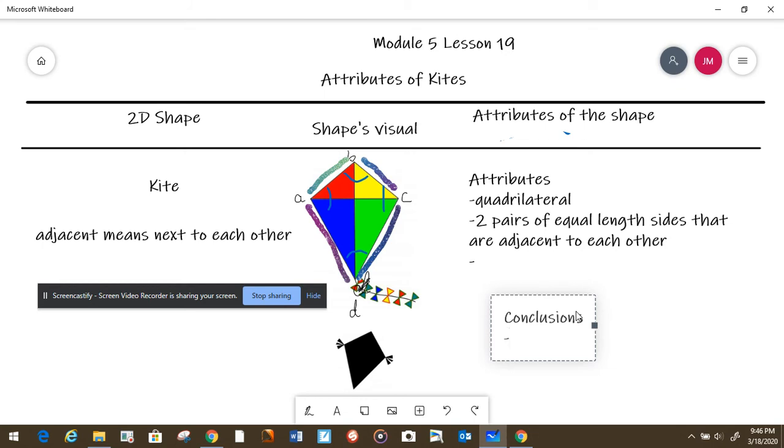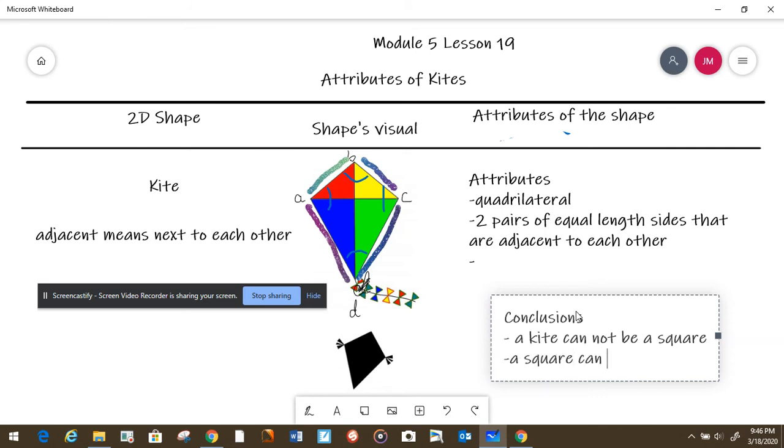Can a kite be a square? No, a kite cannot be a square. Can a square be a kite? Yes, a square can be a kite.